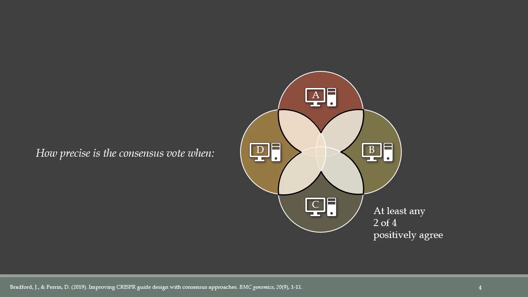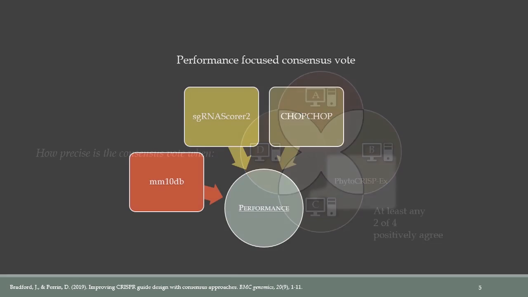We found that the combination of multiple approaches is more precise than any individual pipeline alone. When we combine the prediction by MM10dB, sgRNA scorer 2, and ChopChop, we get the best precision whilst having an appropriate recall for your experimental needs. We chose to focus on these 3 approaches because in our previous benchmarking study, they were able to scale to large data.